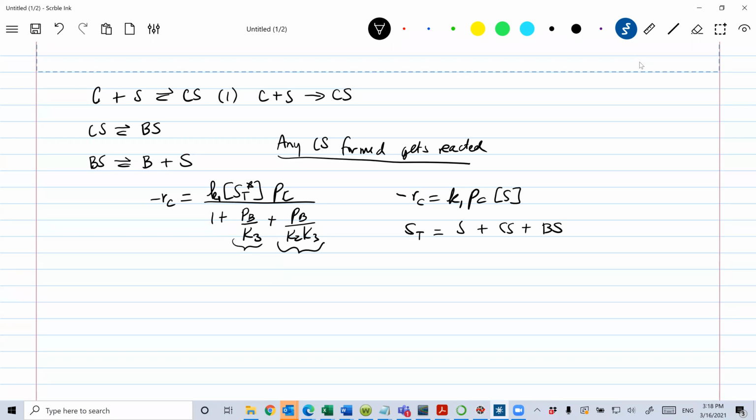Wait, just to make sure, saying that the first reaction goes all the way to the far right means that it's irreversible, correct? Pretty much. Yes. Okay. I understood that part conceptually, but I had trouble having the rate expression back up my explanation.